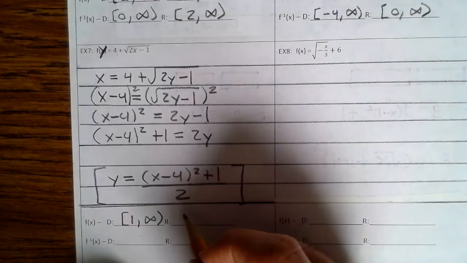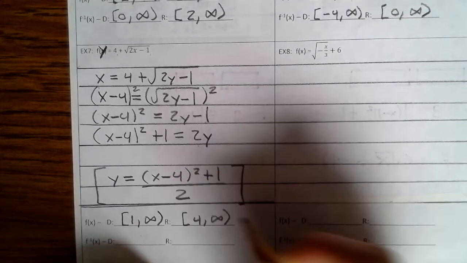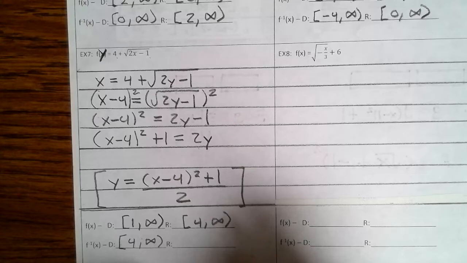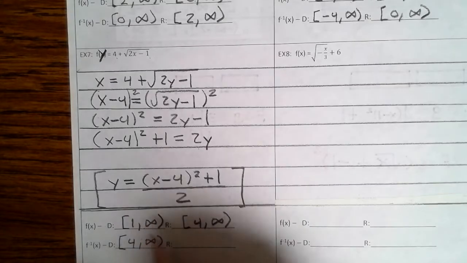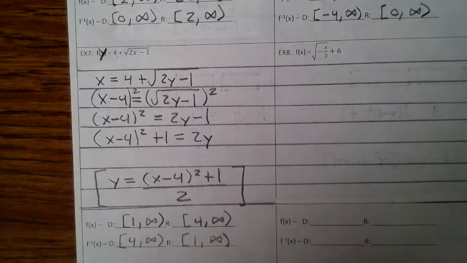And our domain becomes range, so bracket 1 to infinity. Okay, let's go and finish up example 7. Let's take a look at example 8.